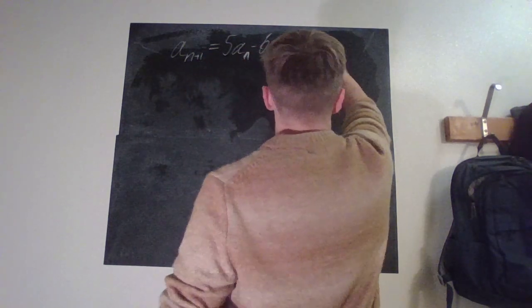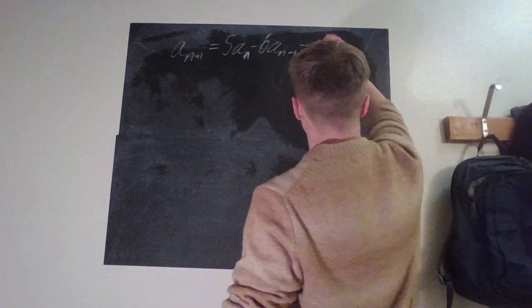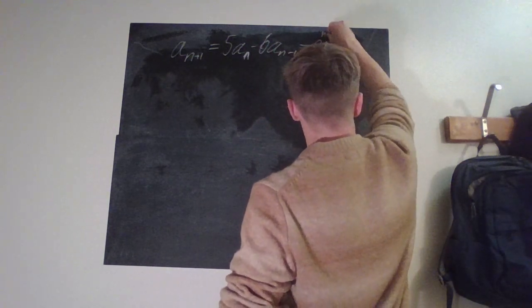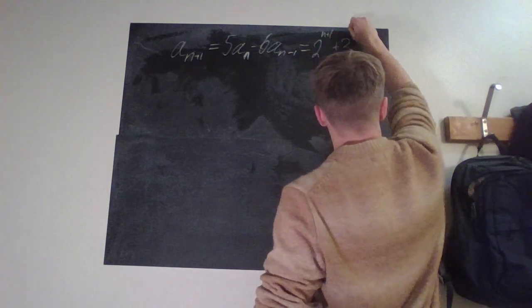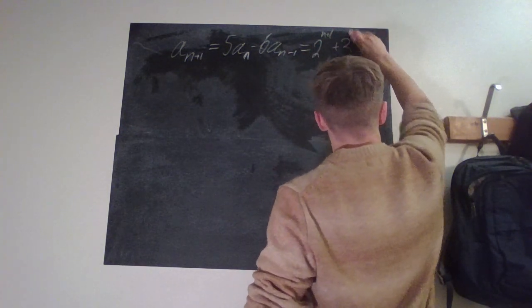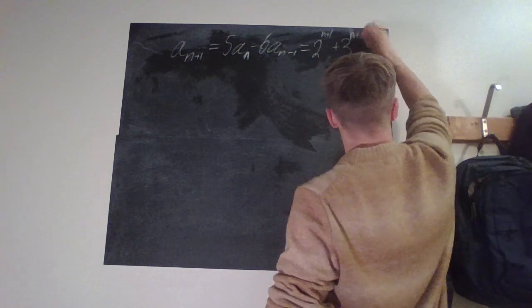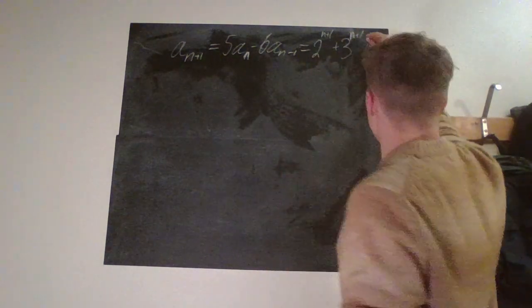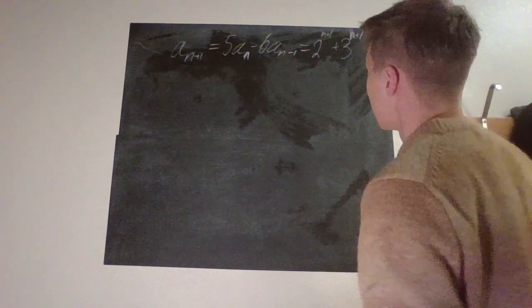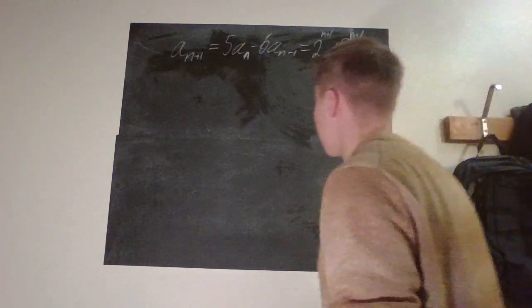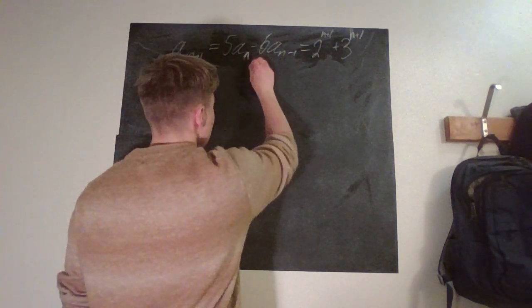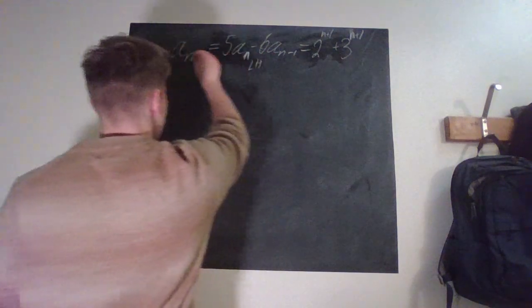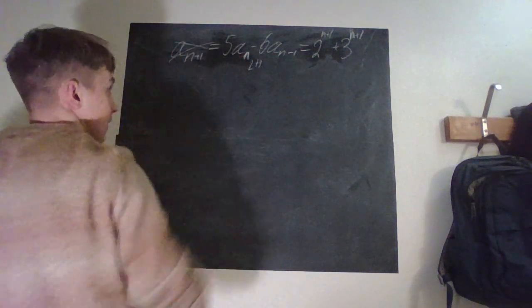And this thing is also equal to 2 to the power of n plus 1 plus 3 to the power of n plus 1. So how do we do this? I would suggest that we start with the left-hand side. We ignore this part actually, it doesn't really mean anything.